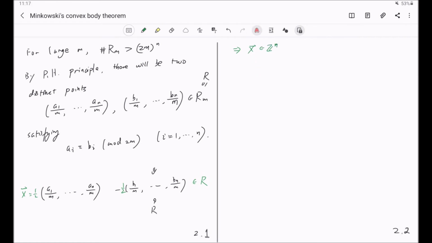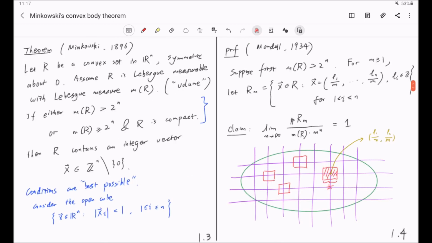And x is actually a non-zero vector, because of our pigeonhole principle: those two points are distinct. So we have found a non-zero integer vector that lives in R. This completes the proof for the case when R has Lebesgue measure greater than 2 raised to the power n.